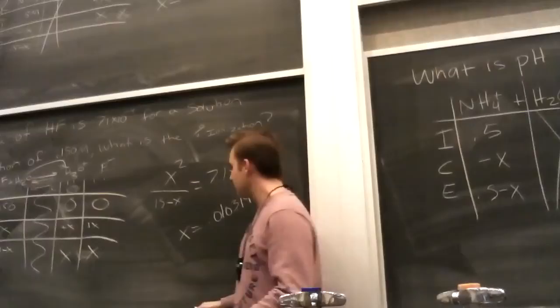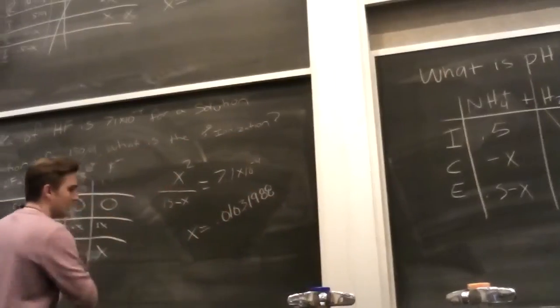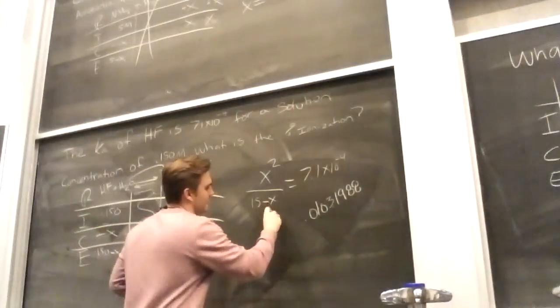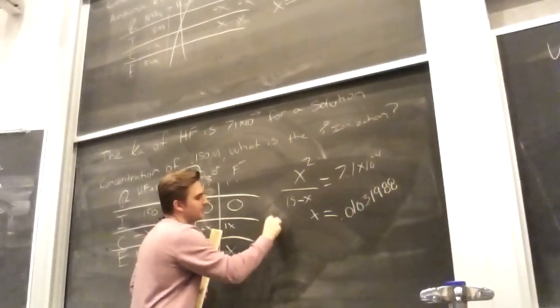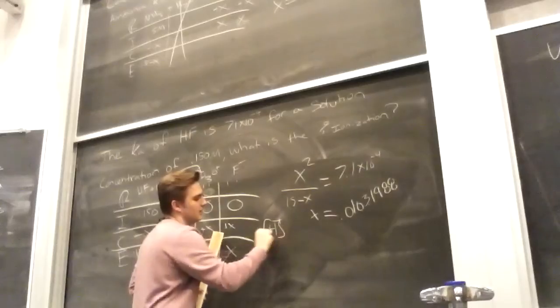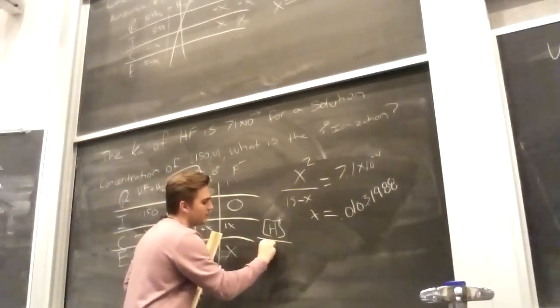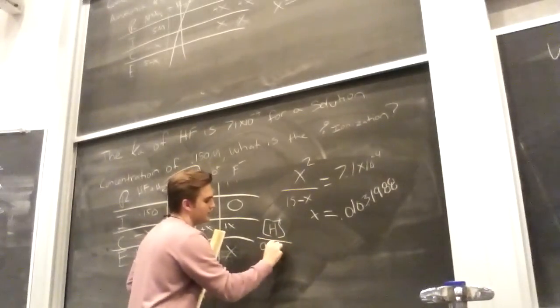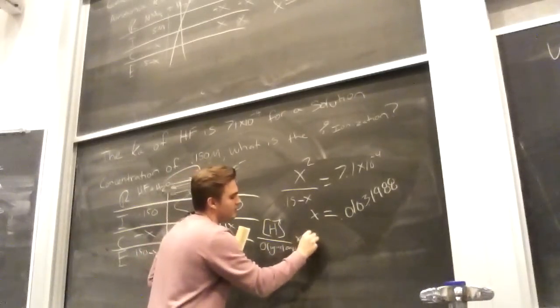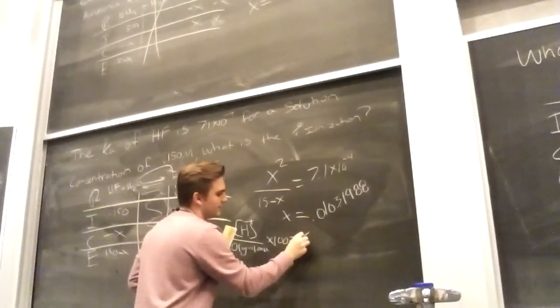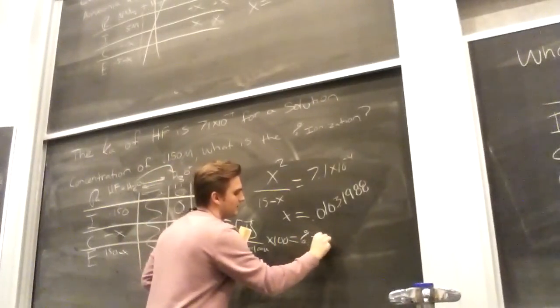Okay, here's the equation for percent ionization. I'm just going to write this right here. The equation is my H plus concentration over my original acid concentration, times 100, is equal to percent ionization.